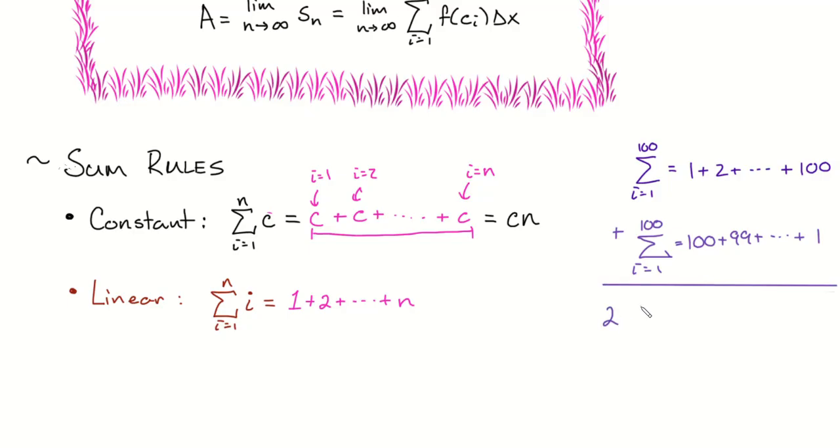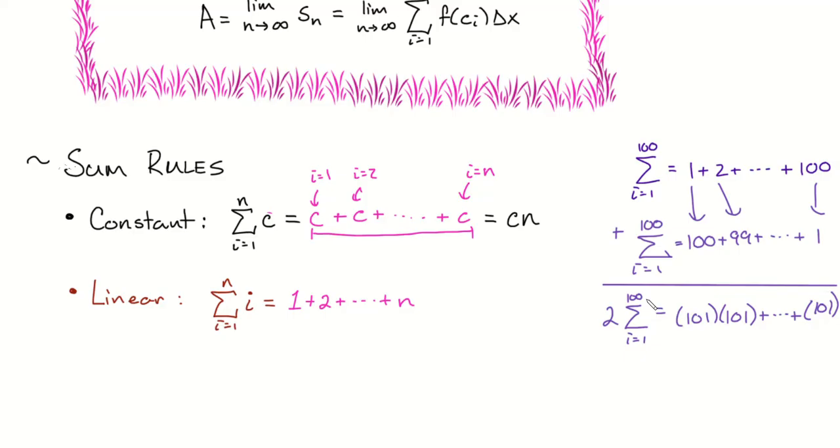This is just 2 times the sum on the left side. And then let's see what happens here. 1 plus 100 was 101. And 2 plus 99 was 101. And all the way down the list, we end up with 100 plus 1, which was 101.